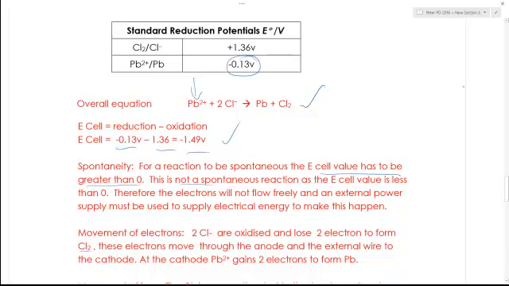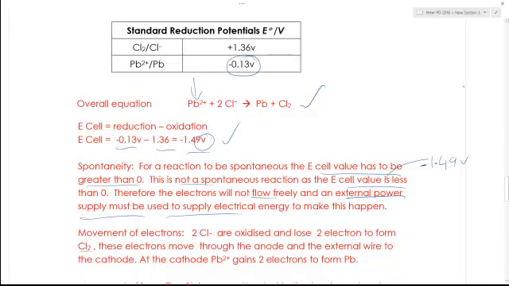This isn't a spontaneous reaction as that E cell value, -1.49 volts, and remember you must include units, is less than 0, so it's not spontaneous. Therefore electrons won't flow freely, and an external power supply must be used.